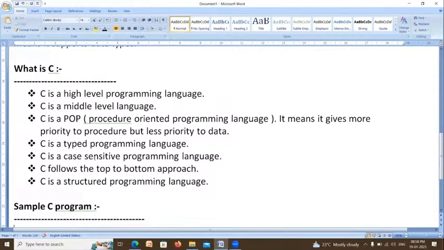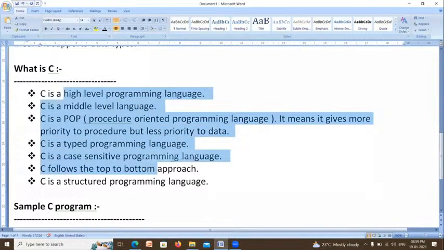Sir, can you explain the last second point? Top-down approach. Yes. Whenever you write a program, it will be executed from top to bottom. The first line will be executed first, then the second line, then the third line, then the fourth line, then the fifth line. So it follows the top to bottom approach.